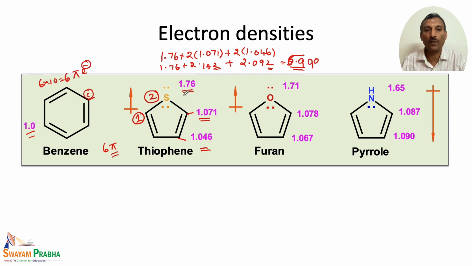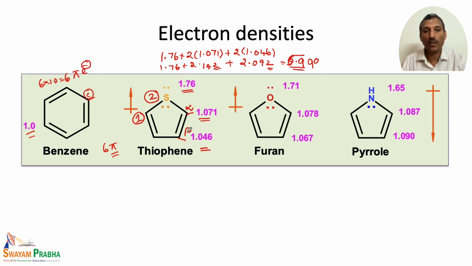So in other words, the 6 electrons are distributed like 1.76 on sulfur, 1.071 on this carbon, which is the alpha carbon, let us say, and 1.046 on the beta carbon. If you look at this, it actually tells one more piece of additional information.